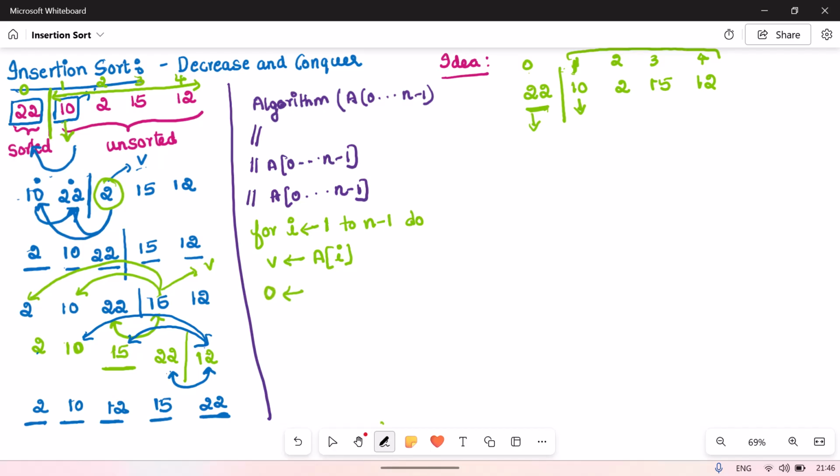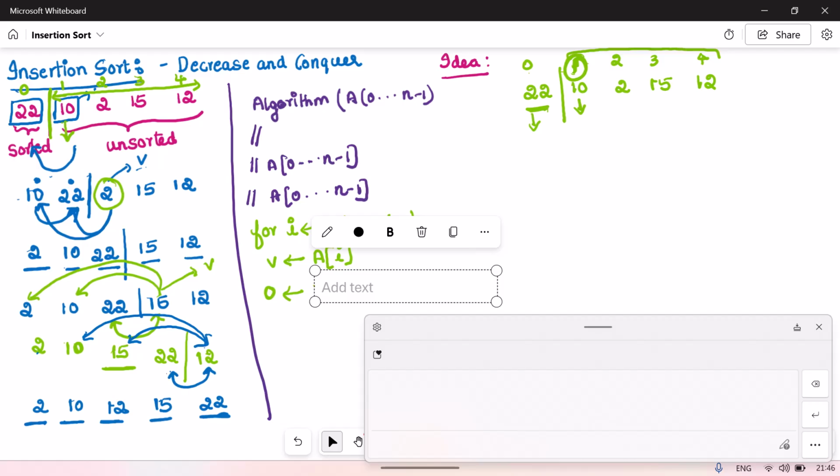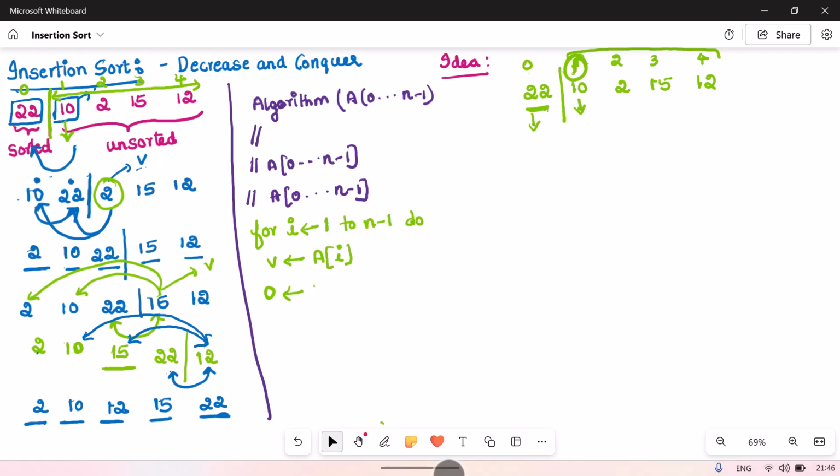So 0 is this position minus 1. That position is stored at I, so I minus 1 is that new place called J. With this, I will get the index of this element.